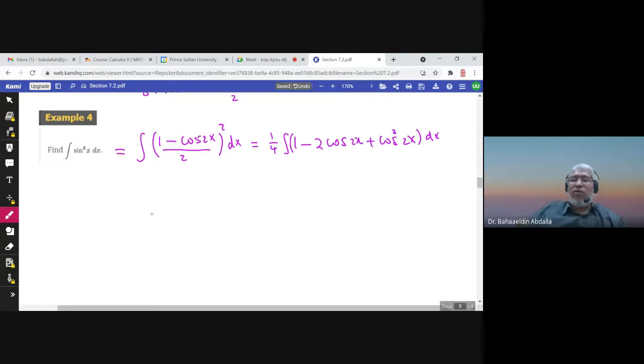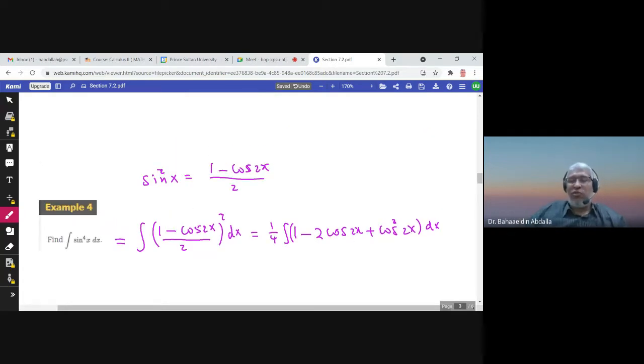Well, the integral of 1 is easy, the integral of cosine is easy, but cosine square, I don't know how to find the integral of cosine square. But I know that if I have cosine square and I need to find its integral, I have to use this formula.